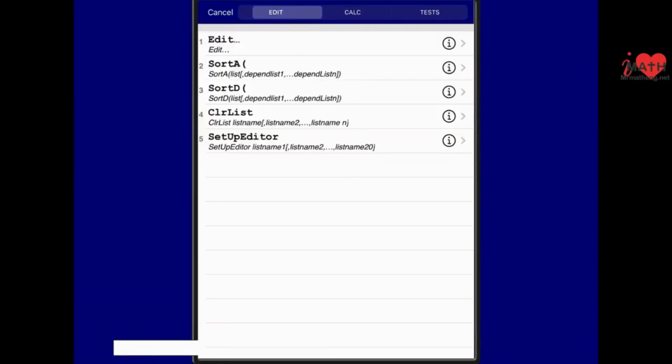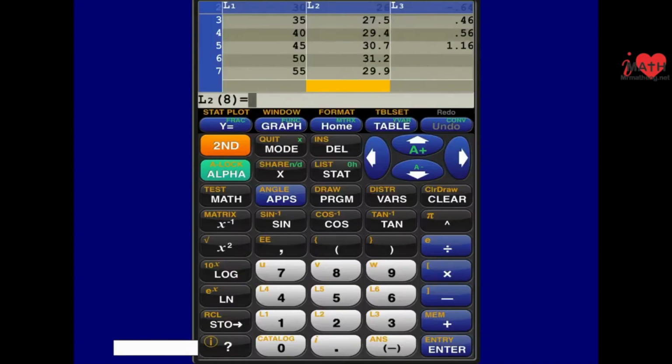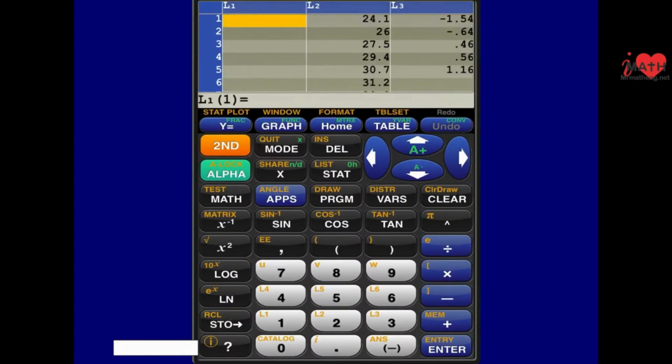Wherever you are, stat, edit, list 1, clear, enter, list 2, clear, enter, 0, 2, 5, 9, 16. 197, 225, 290.